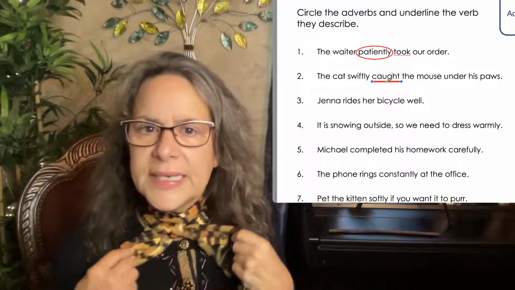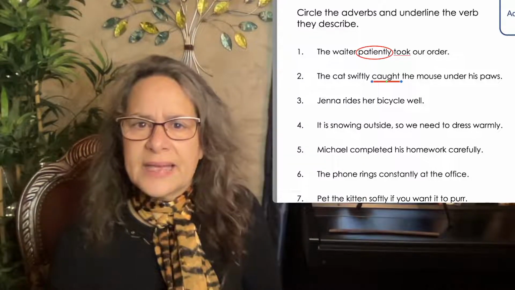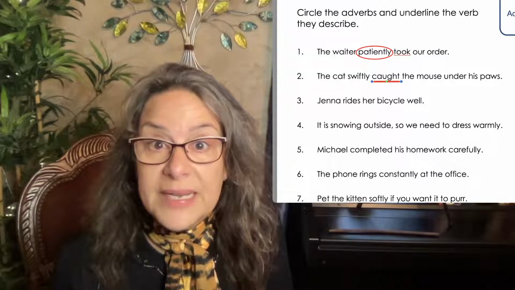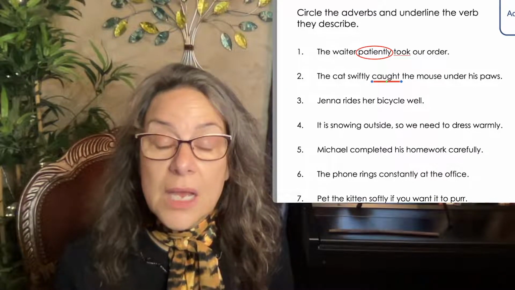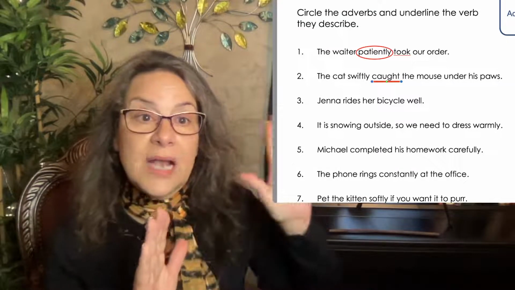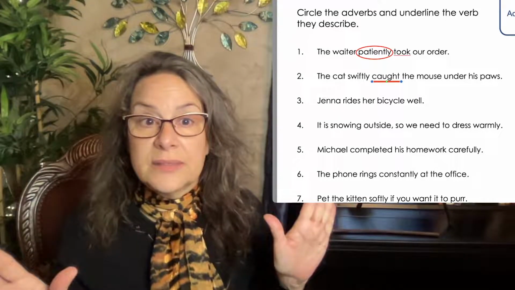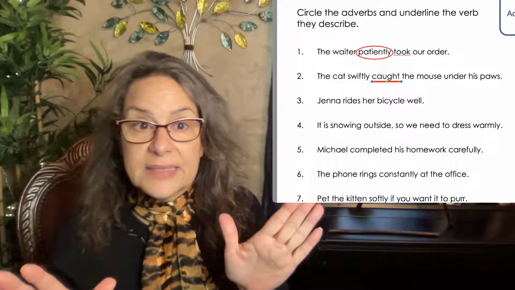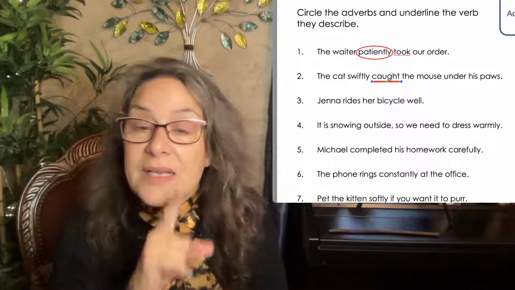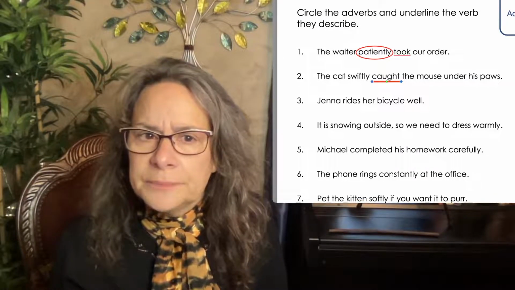Can you see the cat doing that? If you could see the cat doing that, that would be an action verb, right? Otherwise, a linking verb just links our subject to something else. Can you see the cat swiftly catching the mouse? Yeah, right? So that's an action verb.